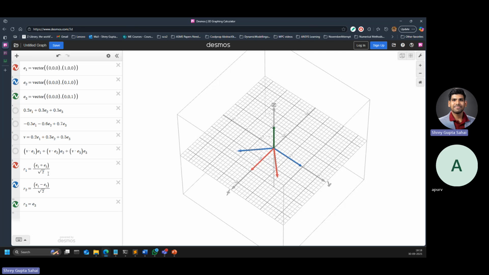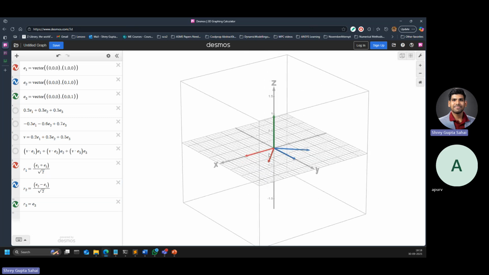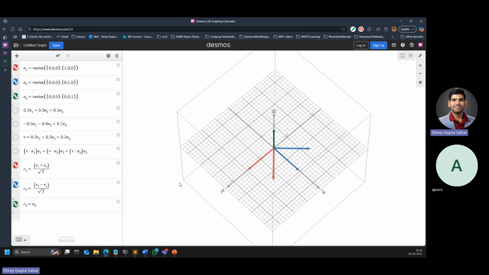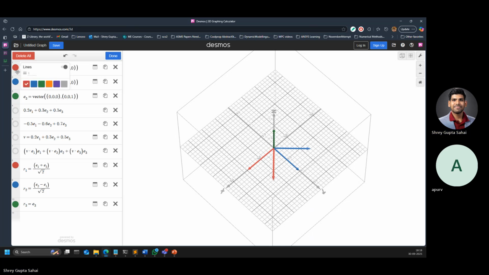Or is it? Yeah, it's not correct. It should be E2 minus E1. So we have to actually ensure that R1 cross R2 gives you R3 and so on. So if you see, I've just rotated the entire coordinate system by 45 degrees. That is what I've done. I can do this. Just see.